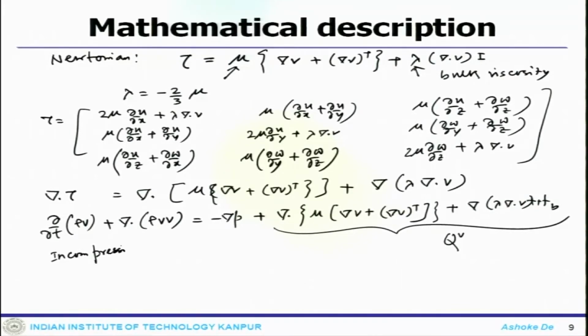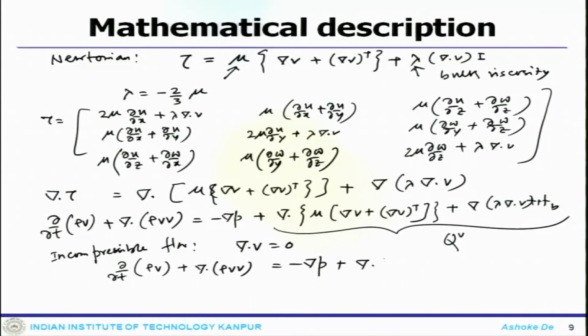Now, for incompressible flow, I have del dot V equals 0, which brings this down to the equation del by del t of rho V plus del dot rho V V equals minus del P plus del dot mu del V, plus the body force. Okay.